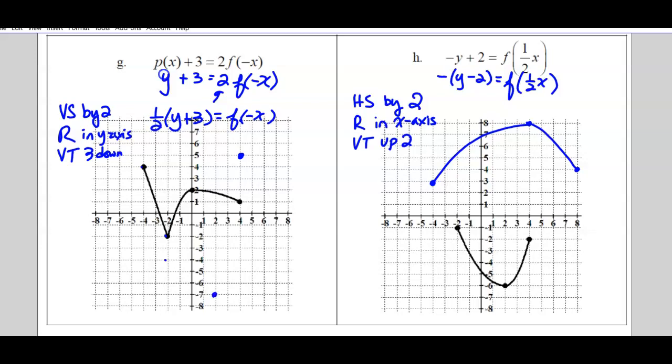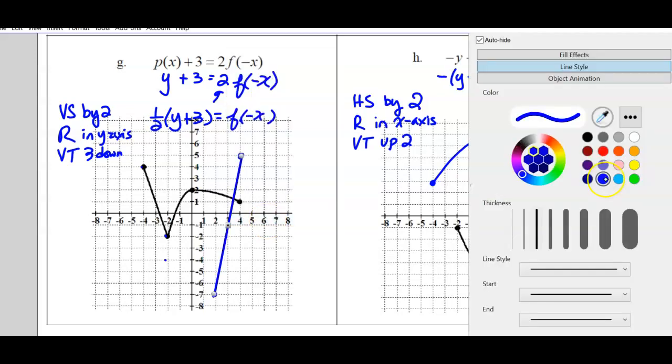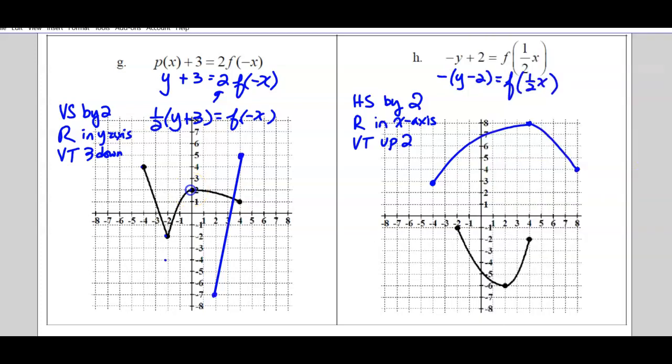You can see it is really stretched out. Okay, then next point, vertical stretch by 2 becomes 4. Reflect in the y-axis stays the same, and then 3 down.